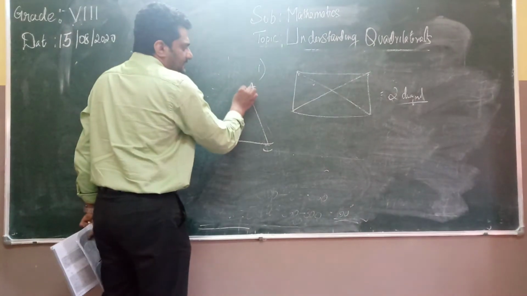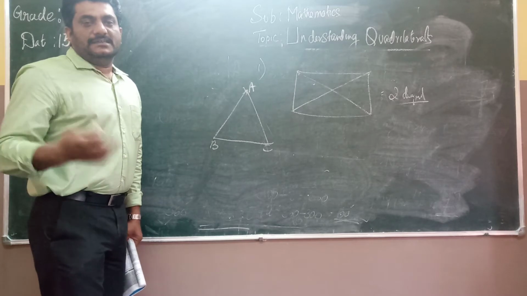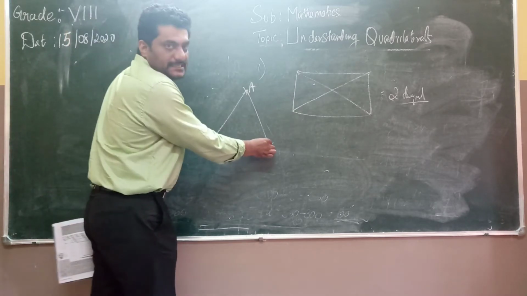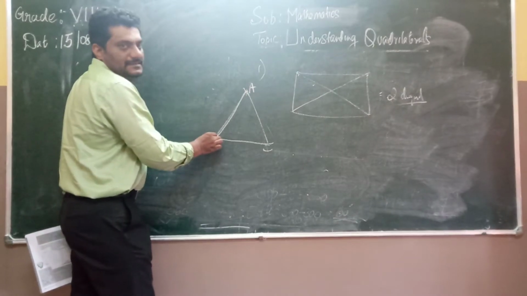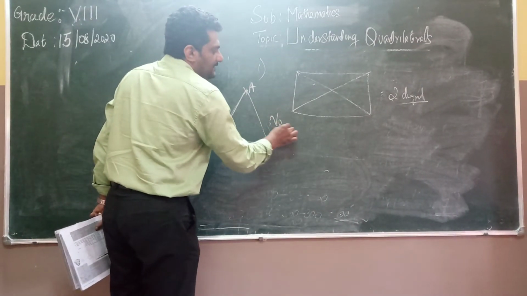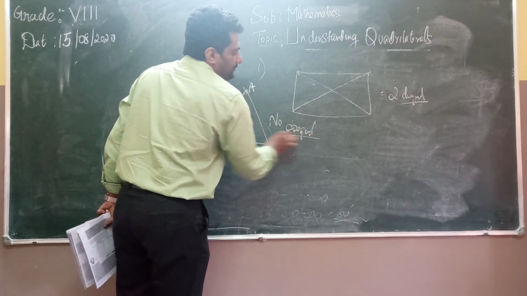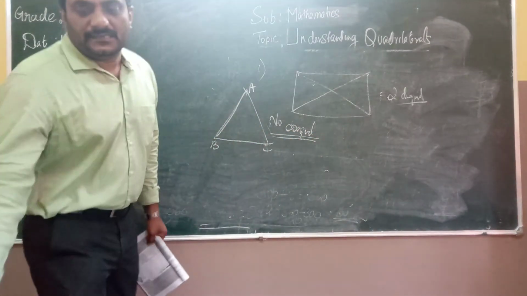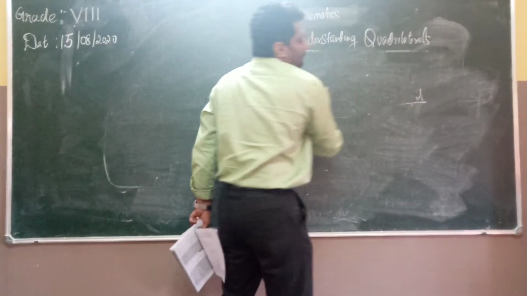If I take this as the first vertex, which one is non-consecutive? This is consecutive, and this is also consecutive. That means in a triangle there are no diagonals. In a triangle we do not get any diagonals.